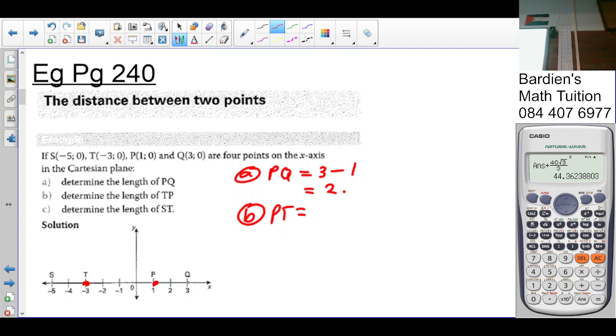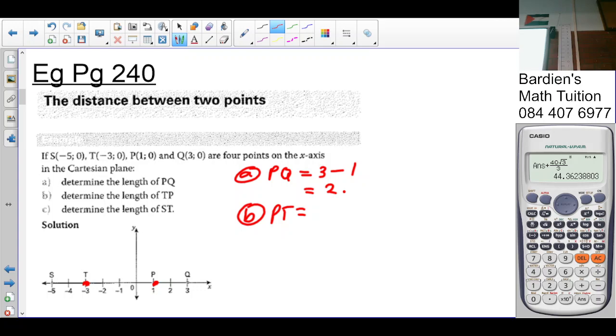Can length be negative? No. So what is the length between TP? From negative 3 to 0 is how many units? 3. From 0 to 1? 1. Together it makes 4.